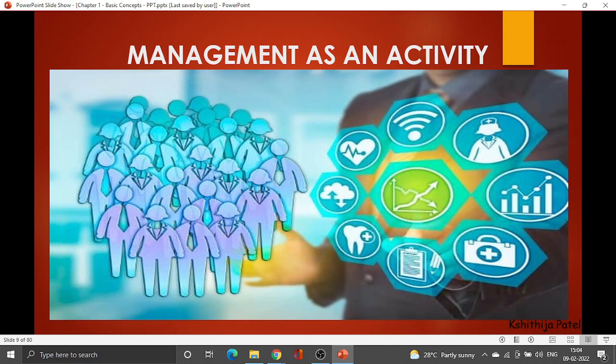Our manager directs the work of others, so he contributes indirectly towards the achievement of the objective of the enterprise. That is where Terry has defined management as intangible in nature. Whenever something is intangible, it cannot be seen, it cannot be measured.